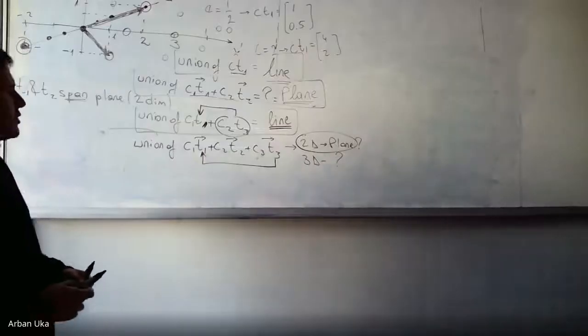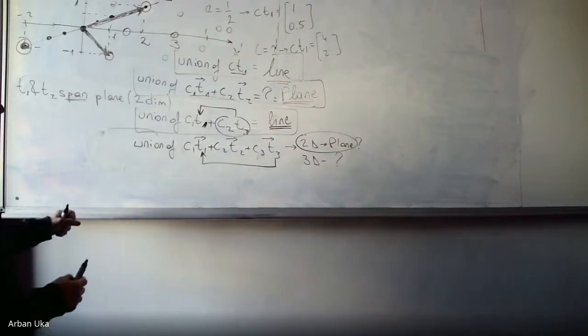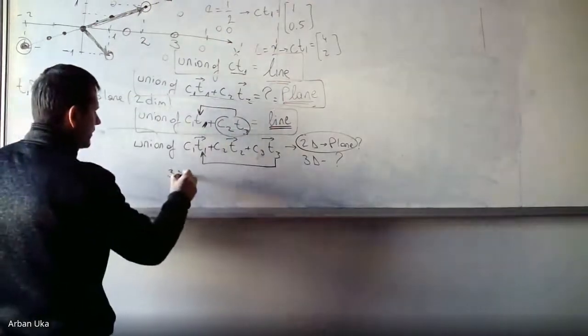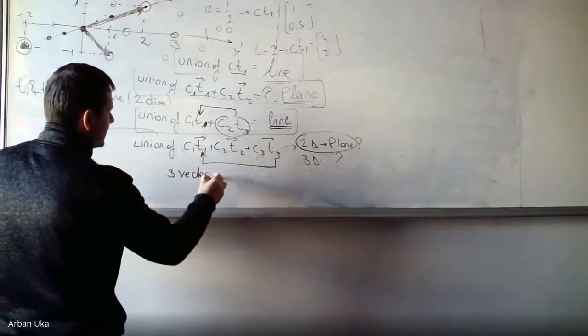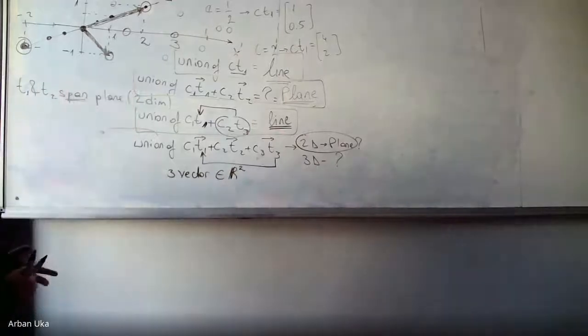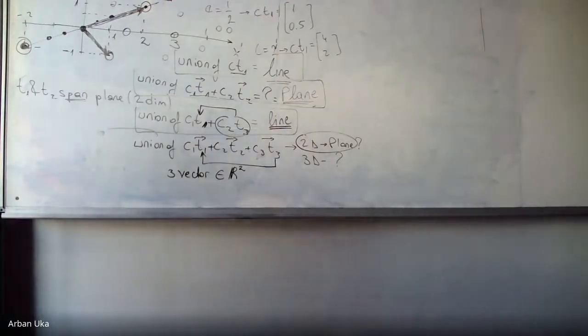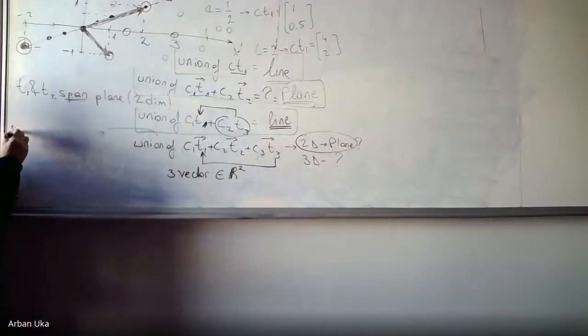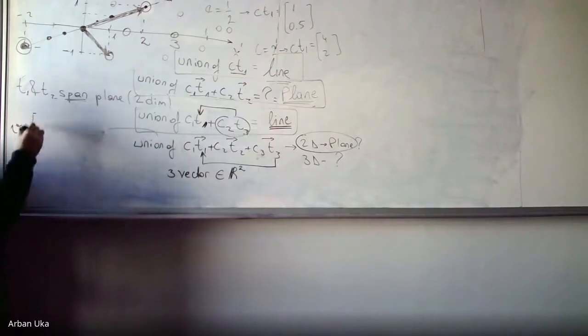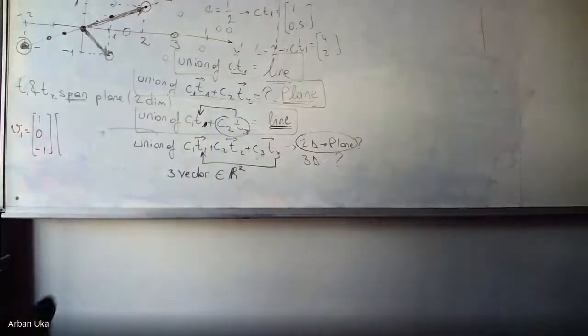Okay. So we are still dealing with three vectors, which are elements of R square, and it looks like they can span a two-dimensional space. Now let's imagine three vectors: V1 is equal to (1, 0, -1).